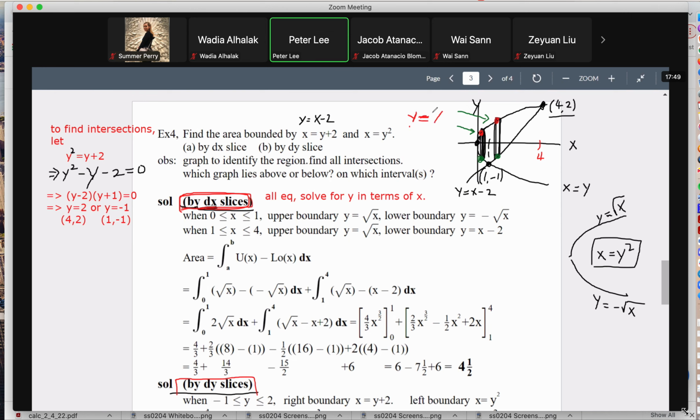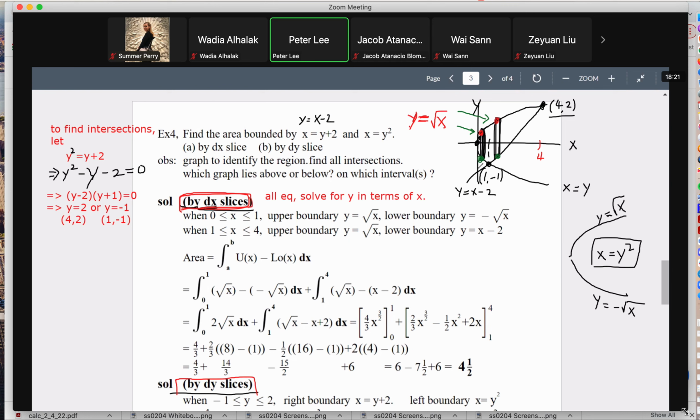The given equation is x equals y squared, but the form of the equation we need is y equals square root of x, because we have to solve for y. This is now the top of each rectangle. We don't need y equals minus square root of x for now. The top of each rectangle is y equals square root of x, for both red points.